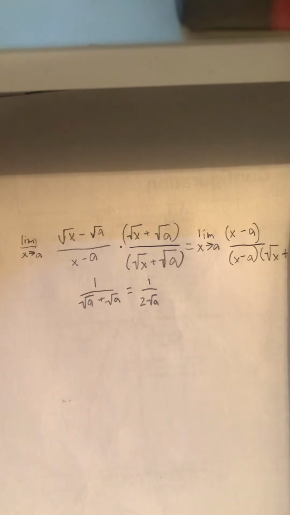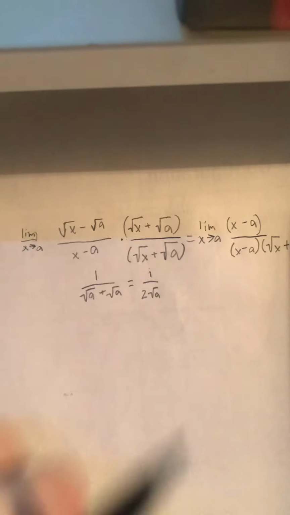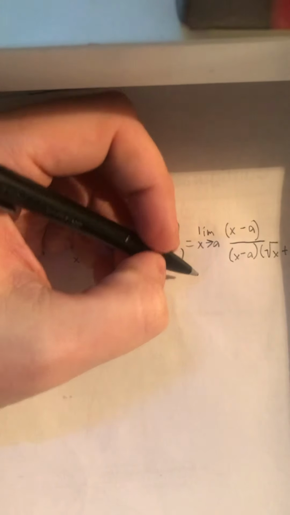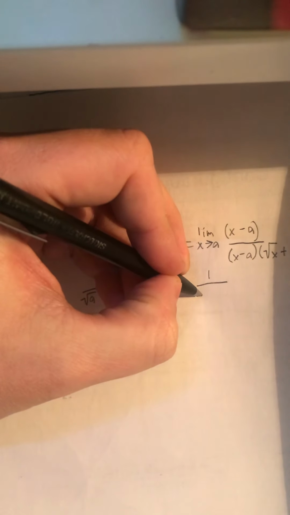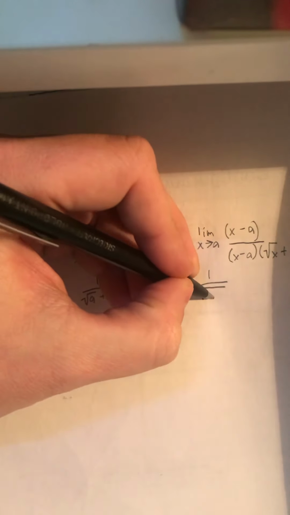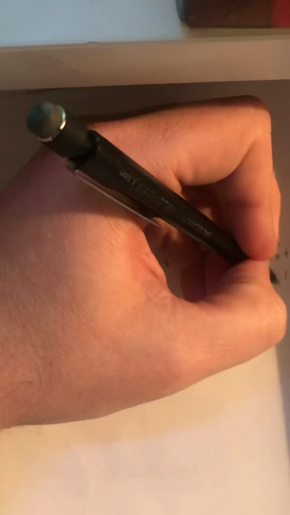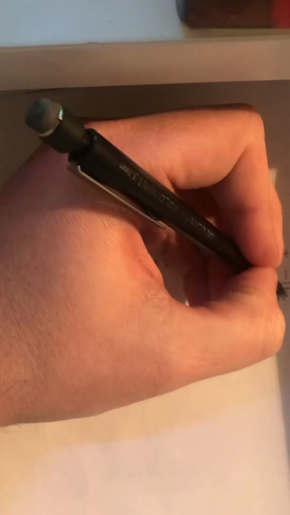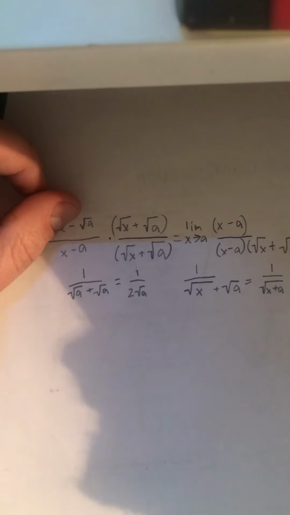So in the fourth step, he combines x plus a into 1x plus a, which I don't think is the same.